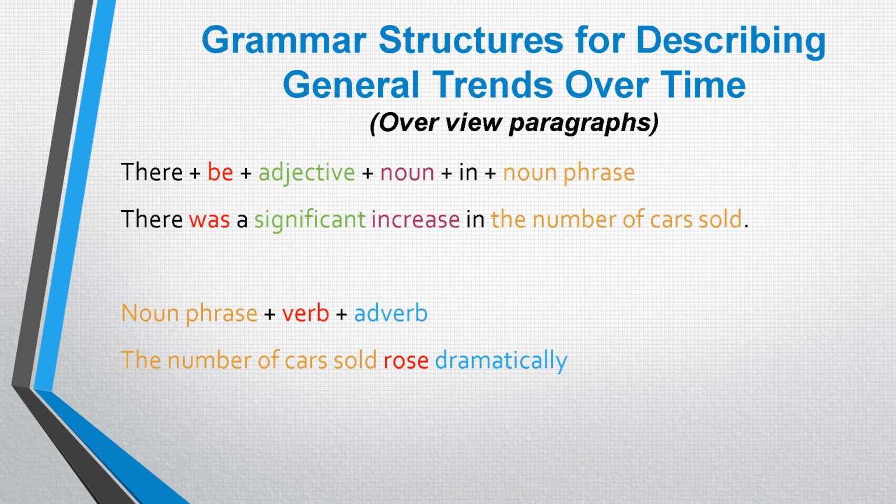And again, we could use different words from those lists that we looked at. So the number of cars sold decreased dramatically, or the number of cars sold plummeted rapidly. So it's the same structure, but we can just change the verb and the adverb to show variety to the examiners.